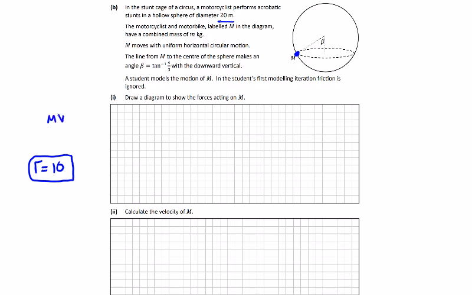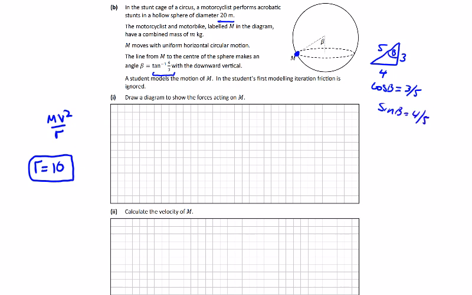So we're probably dealing with mv squared over r. Tan of β is 4 over 3. Tan is opposite over adjacent, leaving a hypotenuse of 5, so the cos of β is 3 over 5, and the sin of β is 4 over 5.